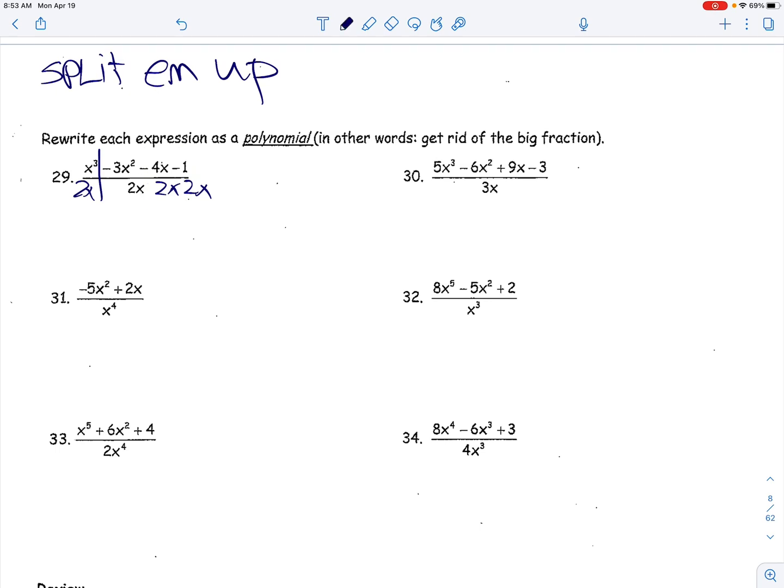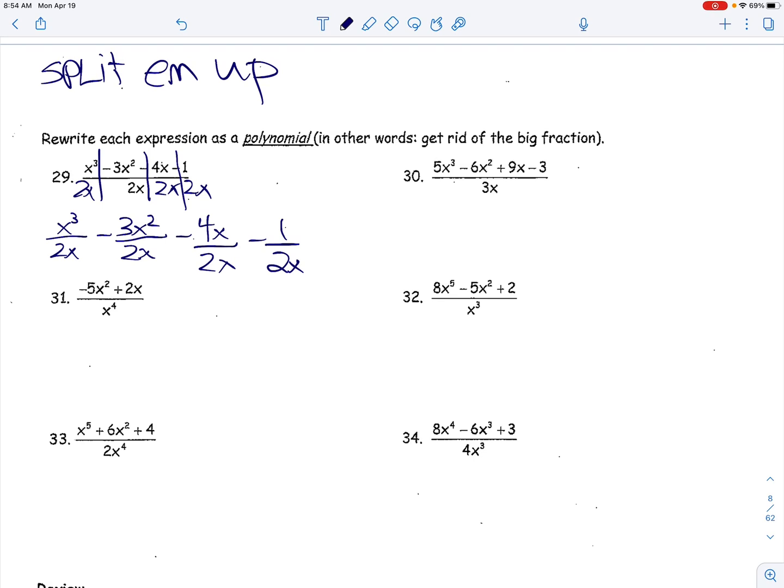So if you want to rewrite it, it's x cubed over 2x minus 3x squared over 2x minus 4x over 2x minus 1 over 2x. And then we'll simplify this.